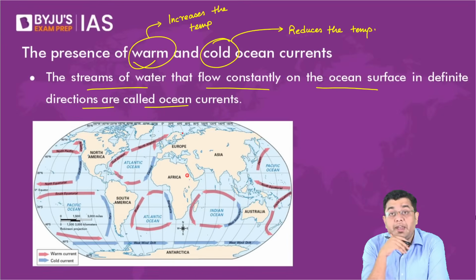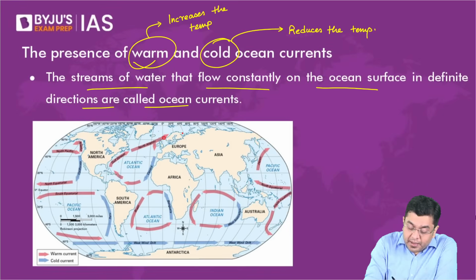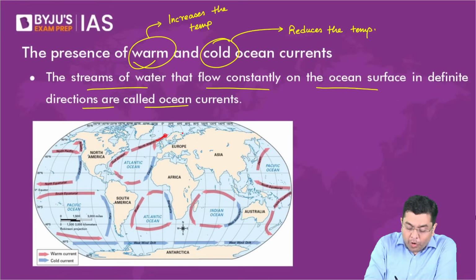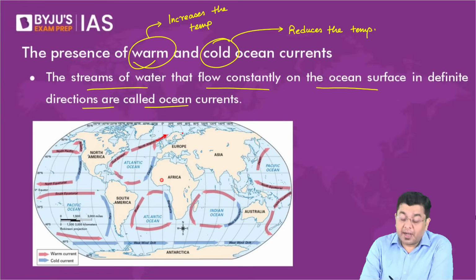the temperature would be very low. In general, the water in many of these areas gets frozen. But at these latitudes, the water remains ice free through the year. Why? That is because you have the warm ocean current in the form of the North Atlantic Drift, and that warm North Atlantic Drift warms up the water surface in this area.